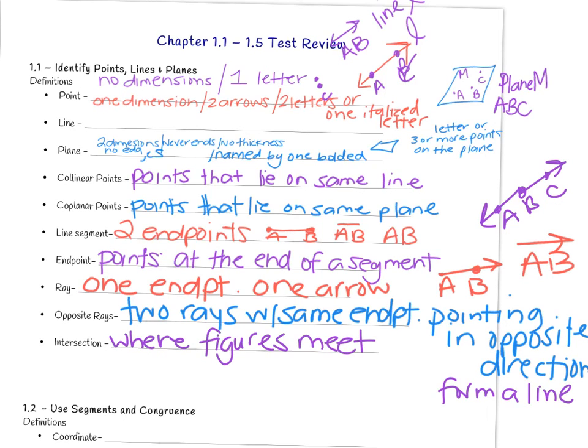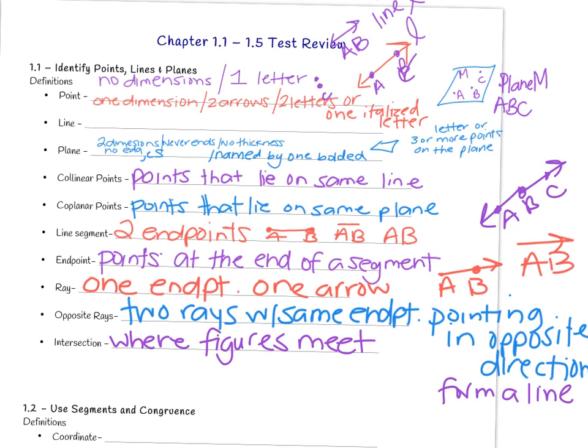So again, it's not going to ask you, give me a word-for-word vocabulary definition, but you might be given a diagram and it might ask you, where is the intersection of this? Or you get a true or false question, like the intersection of two lines is a point. True or false? True. The intersection of a plane and a line is a point.